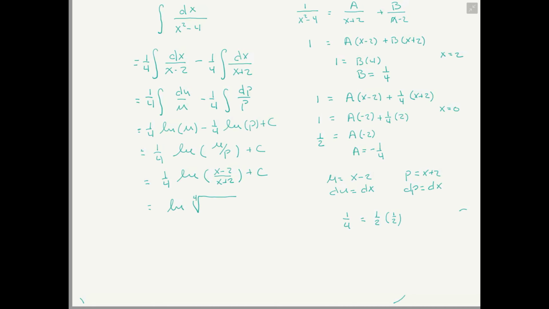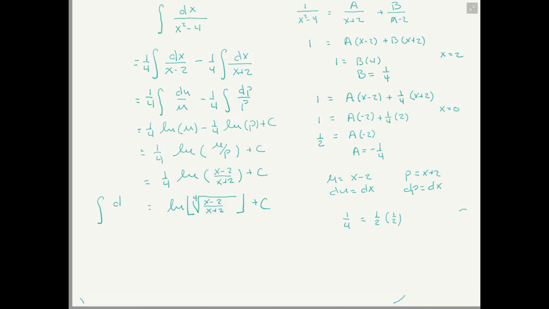Or you could recognize that 1/4 equals 1/2 times 1/2, and we could bring that in.